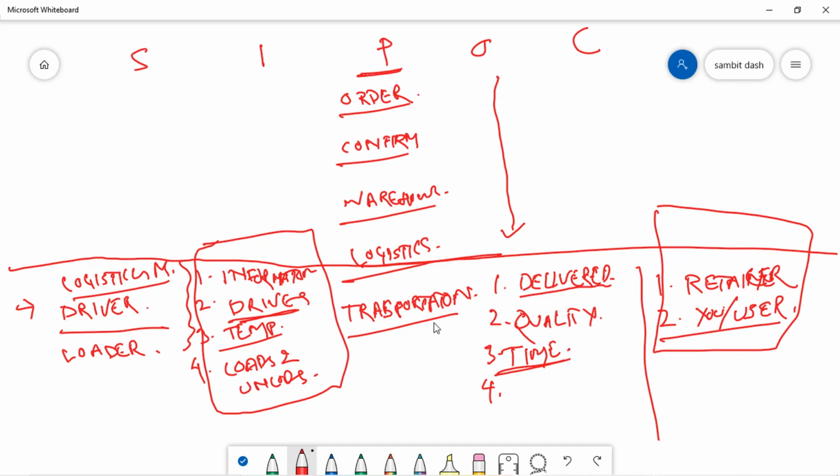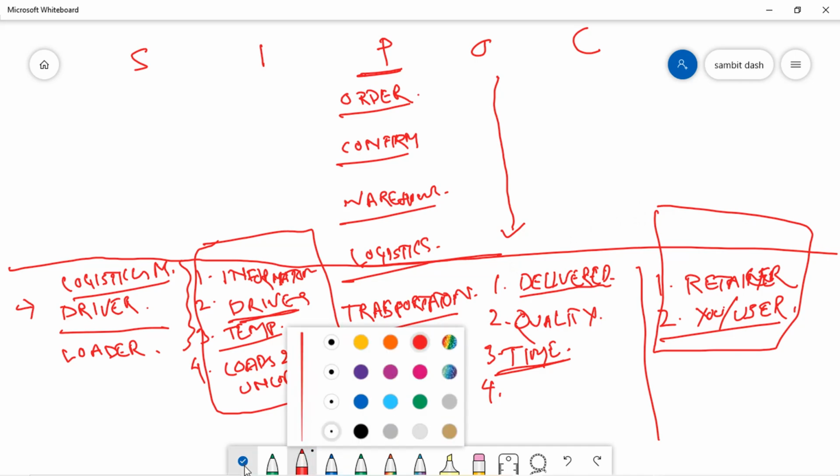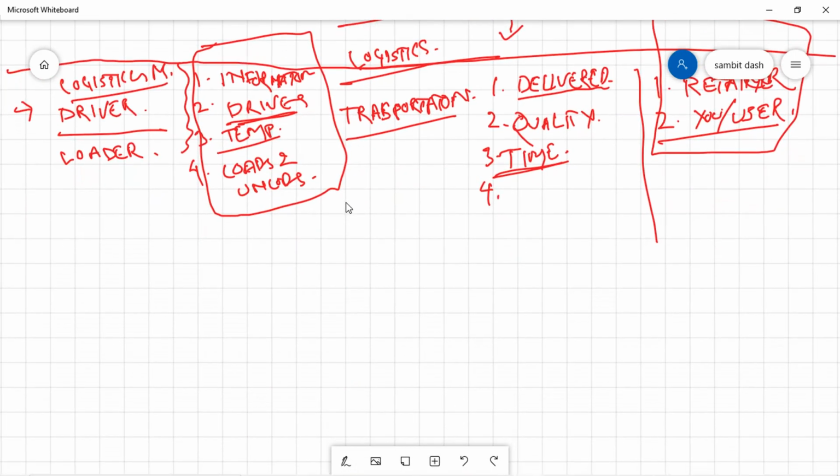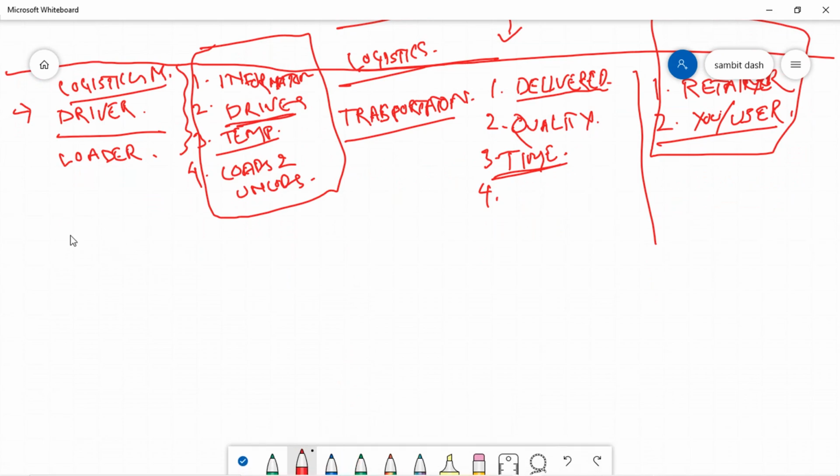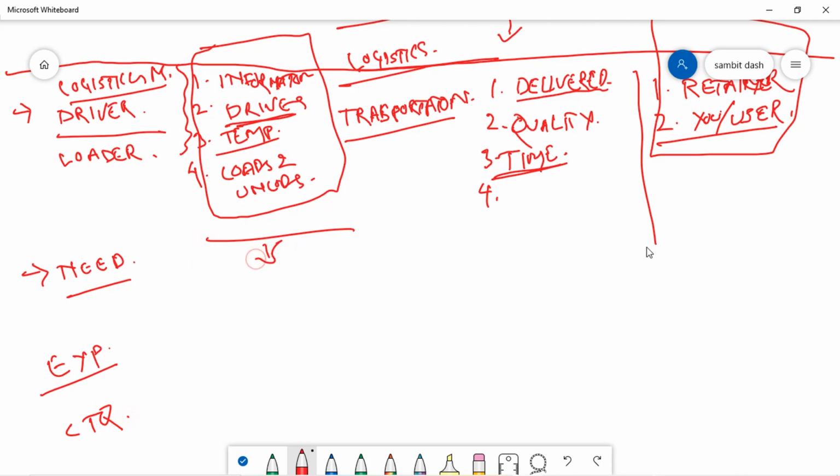Now if you have understood my earlier video on CTQ and VOC, you'll be able to relate the need and expectation, and then you can find out the CTQ for each of these stakeholders, right? Each of the stakeholders. So that's how you do a stakeholder analysis.